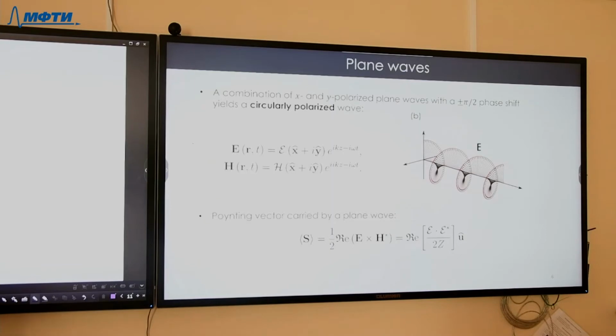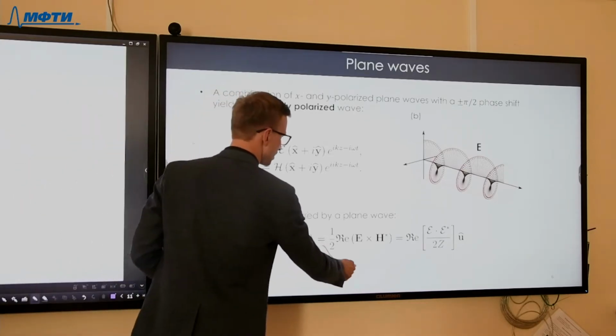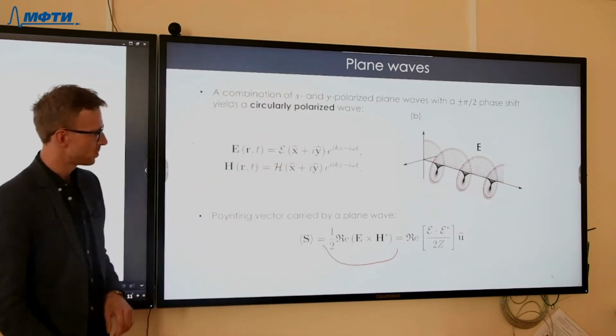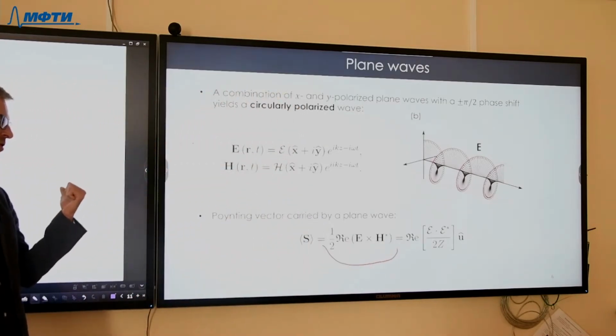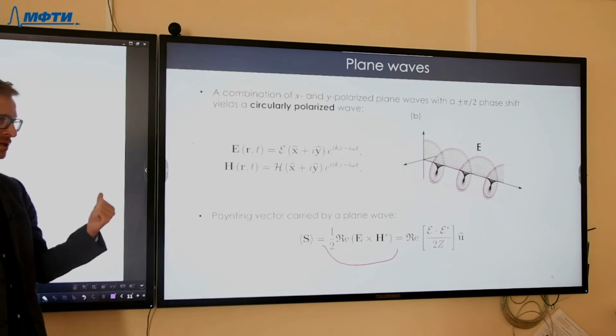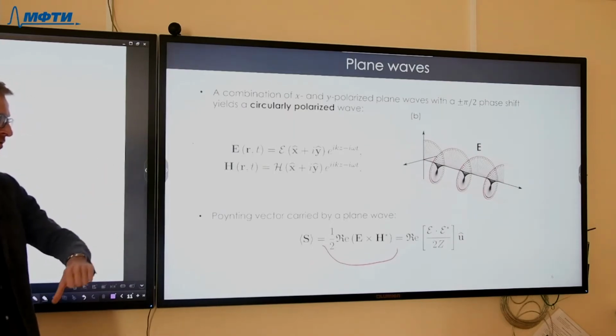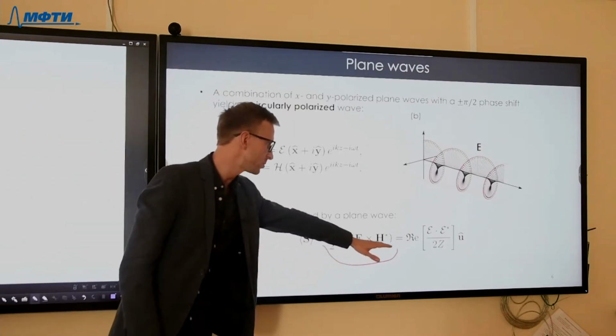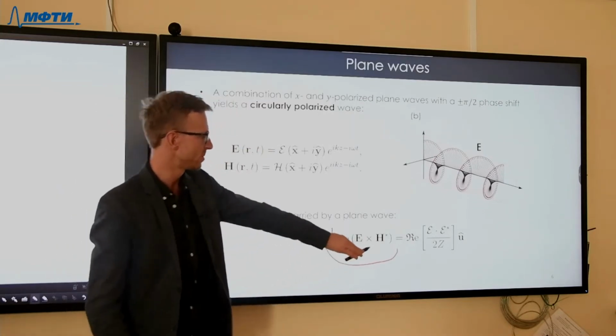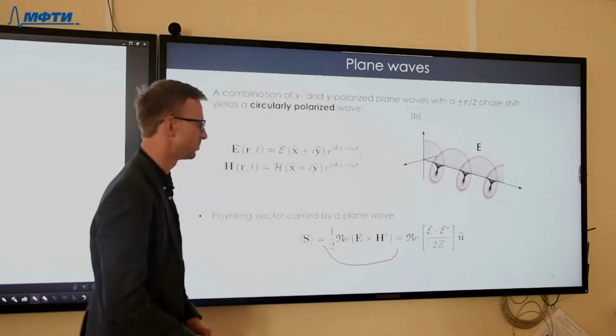From the last lecture, we know what the Poynting vector is, and we can now write the general definition of the Poynting vector for a monochromatic field, which is this. And now recall our previous relationship that related the magnetic field to the electric field of a plane wave. We can plug it here in place of H, and we can obtain the following very simple relationship.